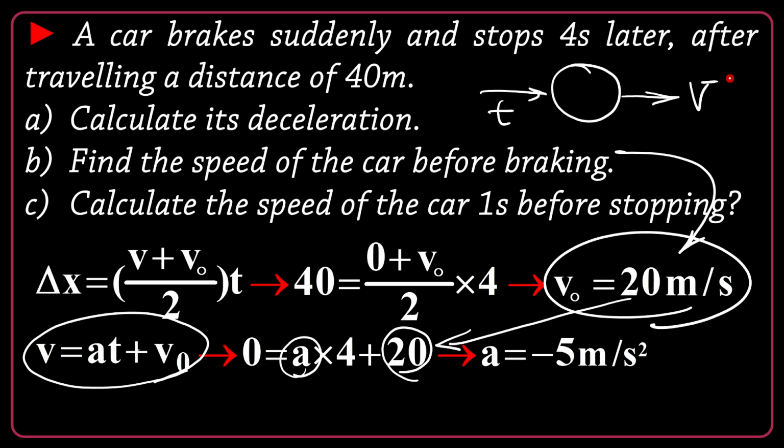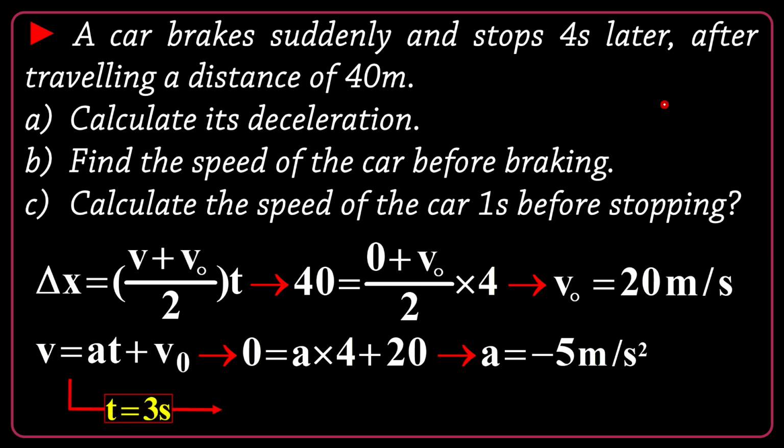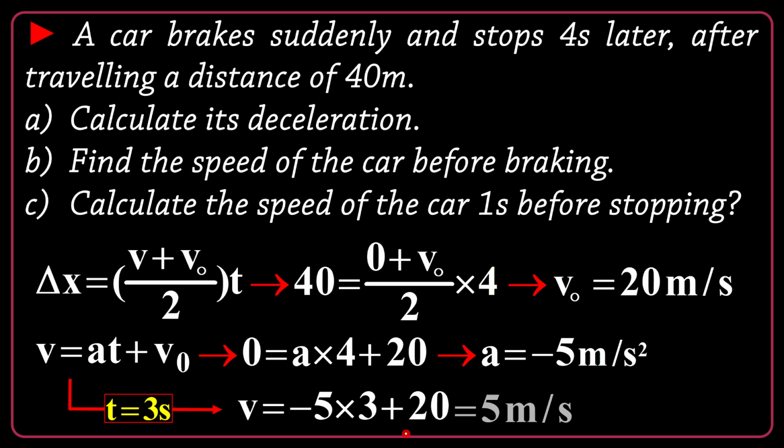Whatever you give as the time, you will get the corresponding velocity at that time. So the best is to plug in t equals 3 seconds in this equation: negative 5 times 3 plus 20. That's all. So the velocity will be 5 meters per second. This is exactly the velocity 1 second before stop.